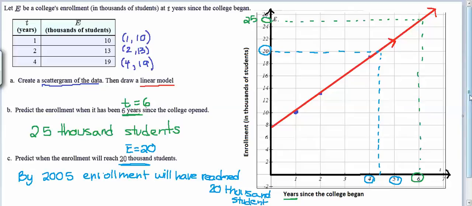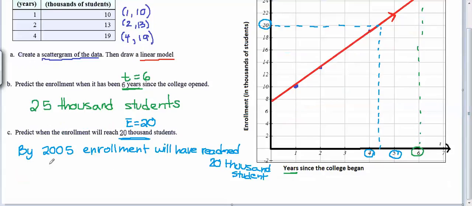Or another way to phrase that would be to say during 2004, enrollment will reach. And you'll want to look carefully at the wall map instructions to see what it's looking for there.